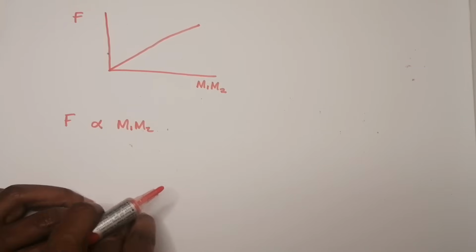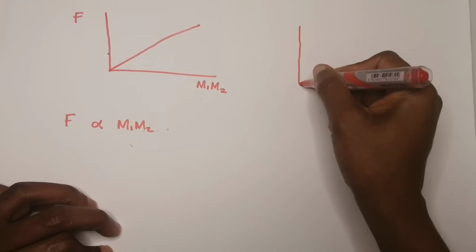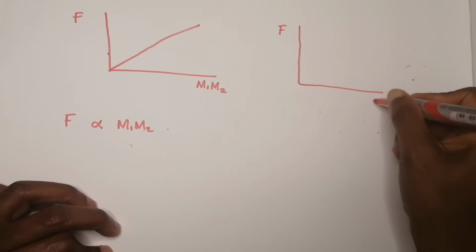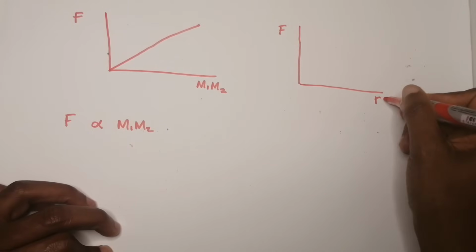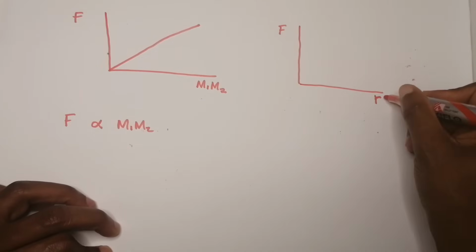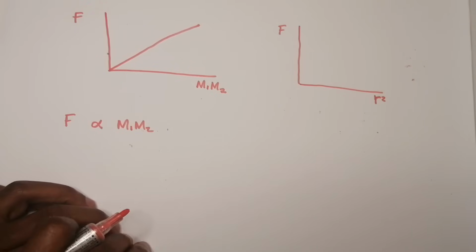And then secondly, what if I wanted to draw a graph of force against the distance? In this case, either I have r, or the graph of force against the square distance.